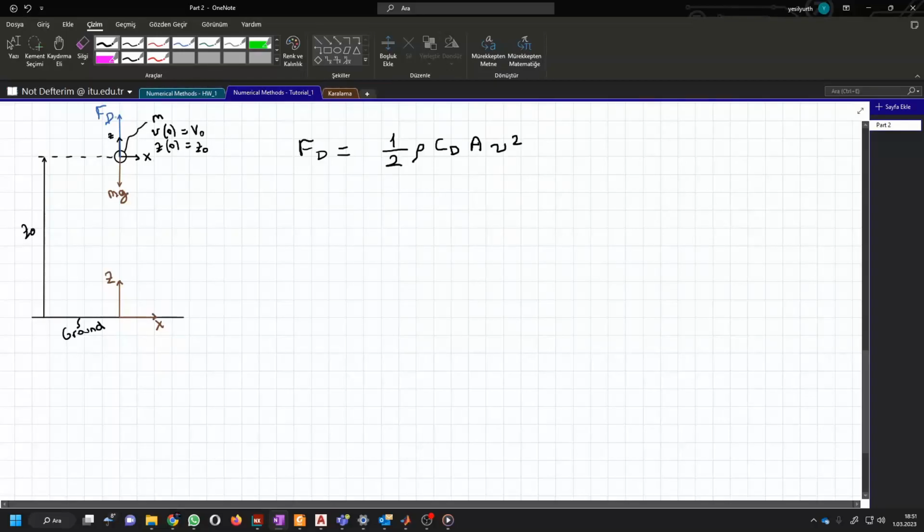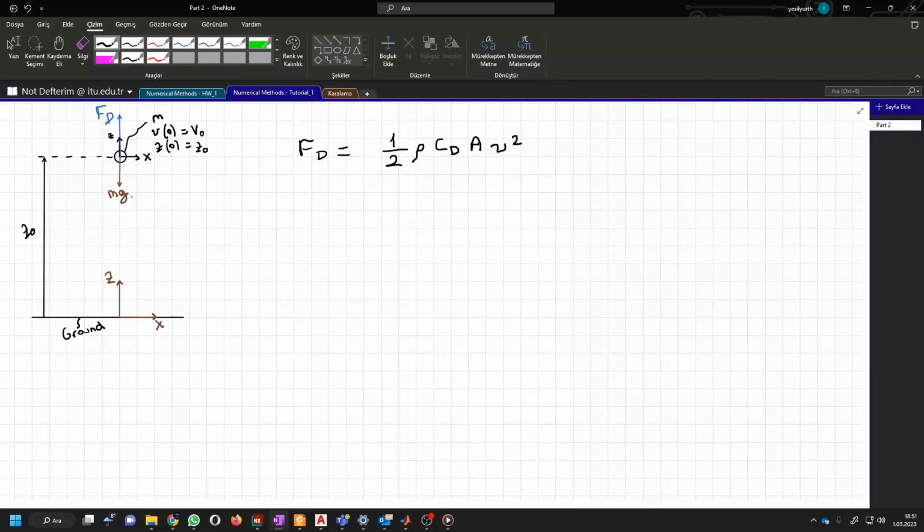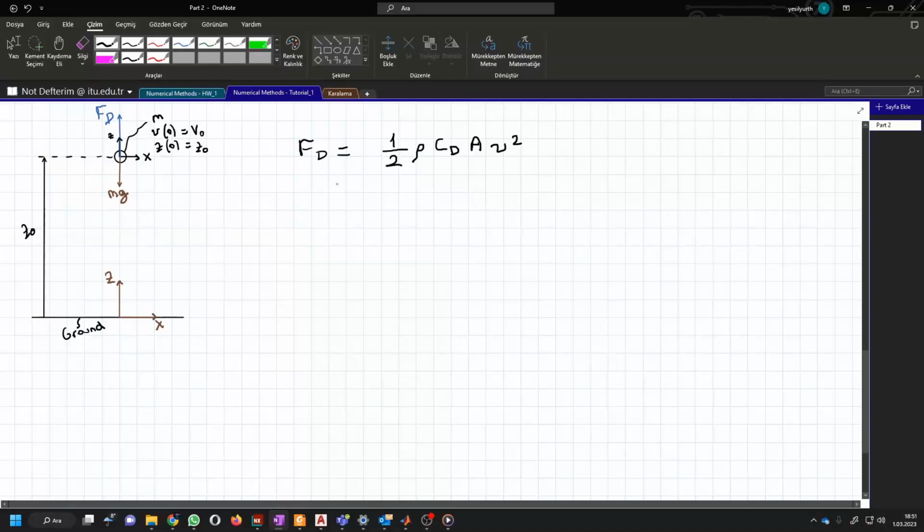To formulate this phenomenon numerically, we can use the signum function, which returns the sign of its argument, in our case the velocity variable. So I will add a negative sign to my formula and add this signum function at the end of this formula. Let's check this again. If I have a downward velocity, this signum function will yield a negative sign.